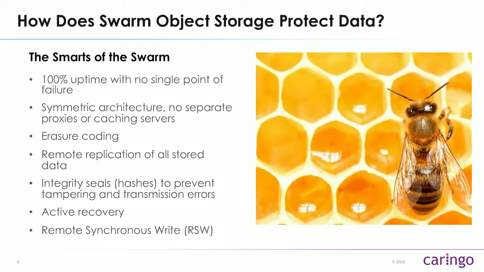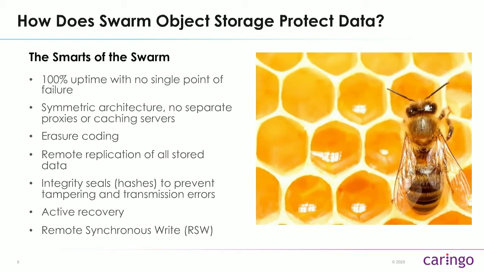Caringo Swarm supports and encourages you to use erasure coding. Erasure coding is a data protection technique. Basically, it slices your data, your files, objects into data segments and parity segments, and spreads those segments across multiple servers in the cluster. So if you have a broken disk or a server that is not responding, you can still access your data thanks to this data protection technique.